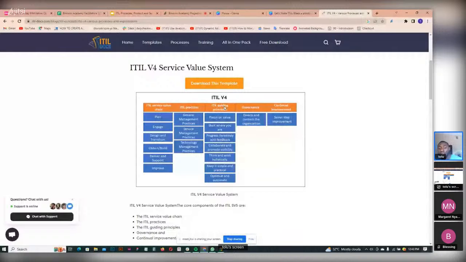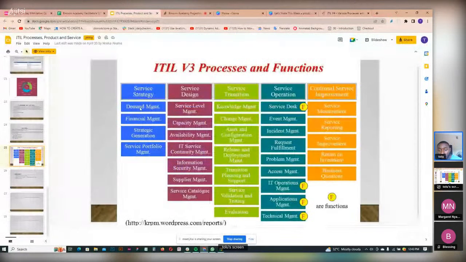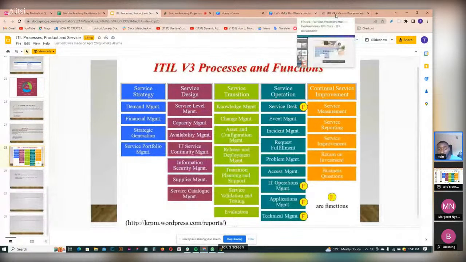All these terminologies that are here are the same as the ones on the previous one, but they just changed the names as the update came in.